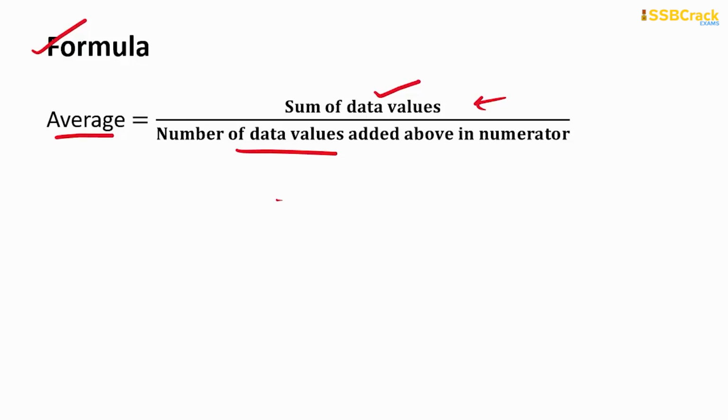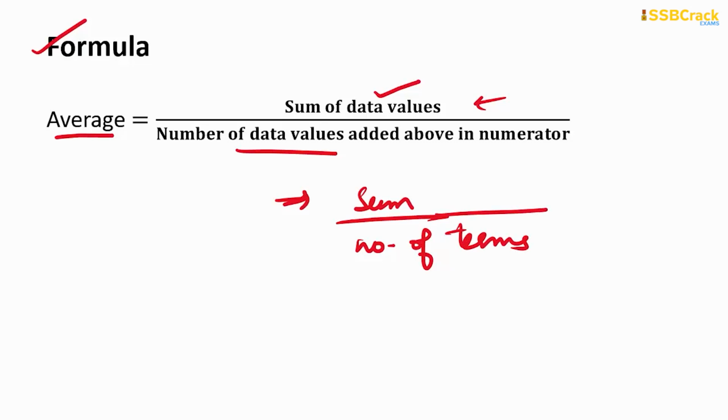We can also say it as the sum upon the number of terms. This is the basic and important formula, and each and every important question of average can be solved using it. So let's discuss an example based upon this formula.